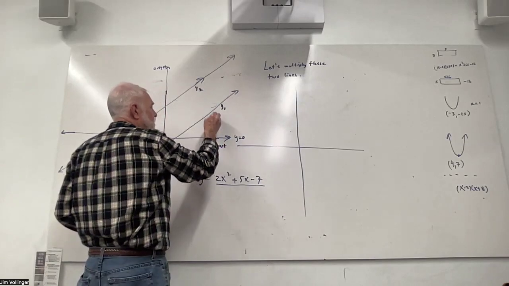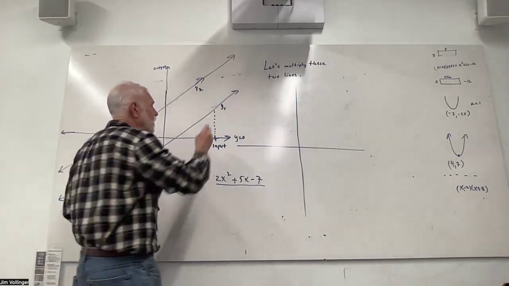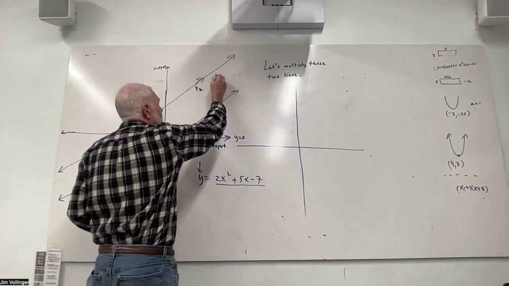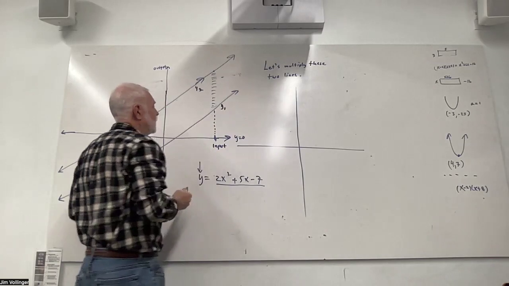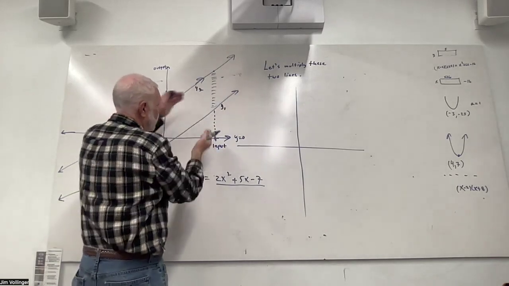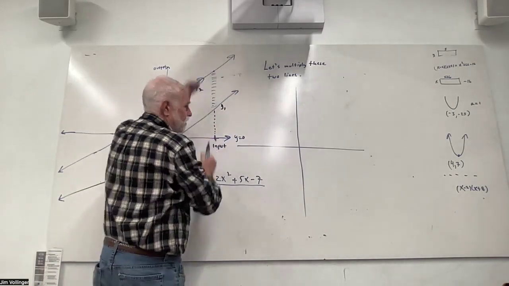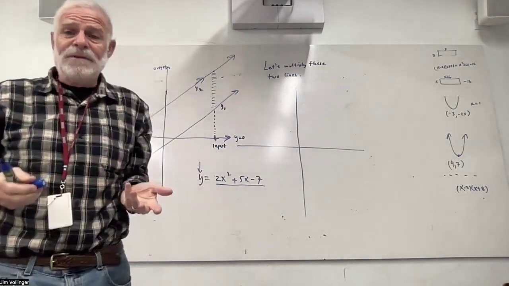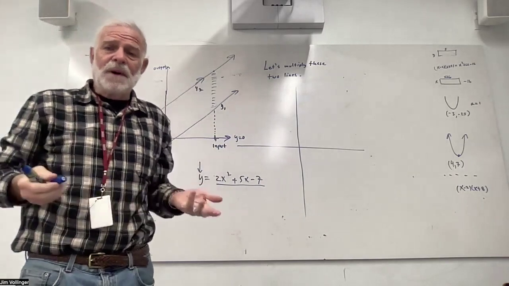Well, it would get us a vertical, and I'll do another vertical here for that. And so I would be multiplying this value times that value. What can we say? Well, they're both positive. So I'm going to get a positive answer.